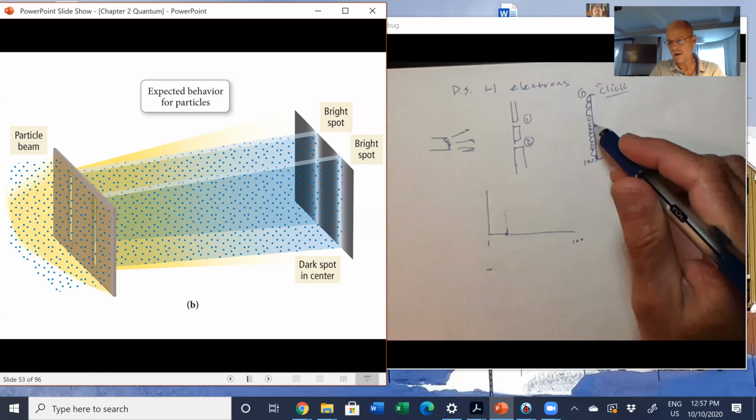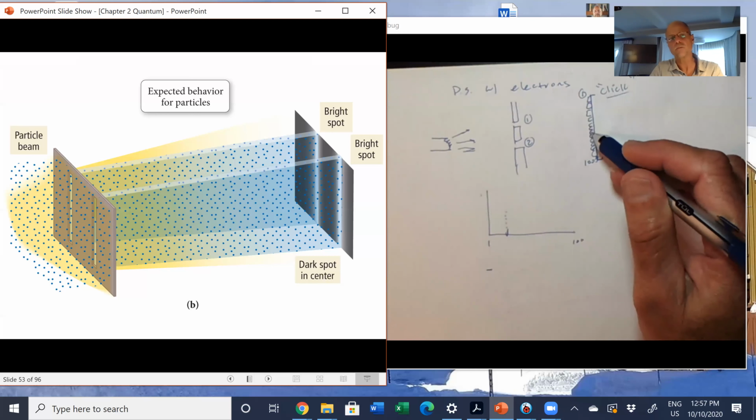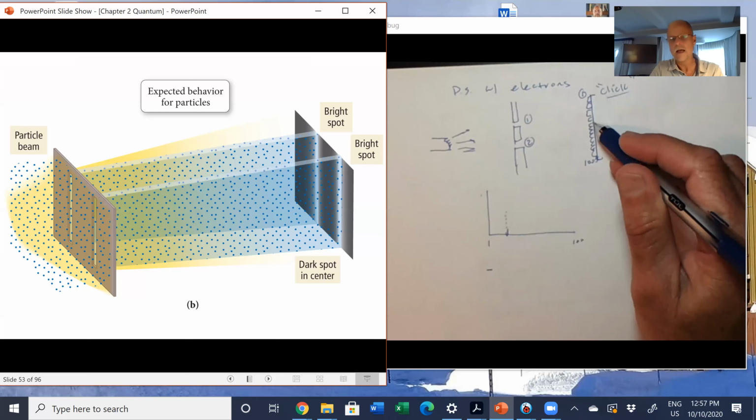So what you see is that some detectors are clicking more than others. Why? Because there's more electrons hitting them. Some are not clicking very much at all. Why? Because there's no electrons hitting them. But what you never hear is a half click or a quarter click or a tenth of a click, right? You either hear a click or you don't, right?